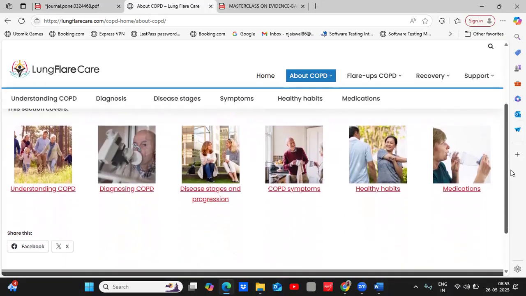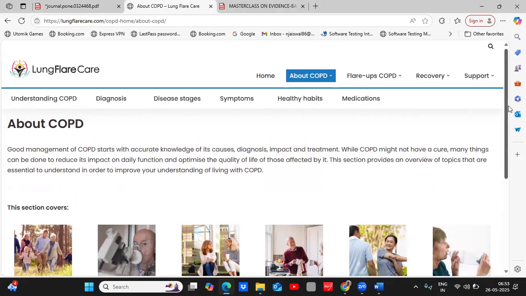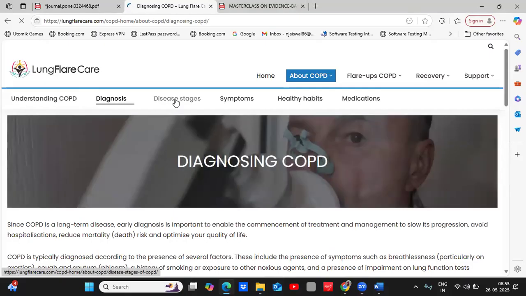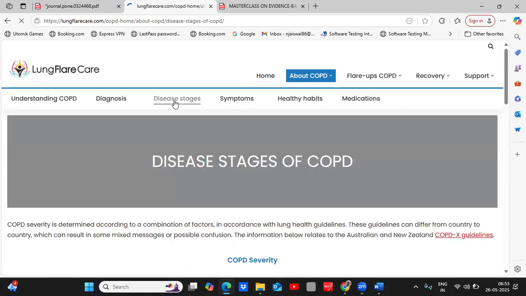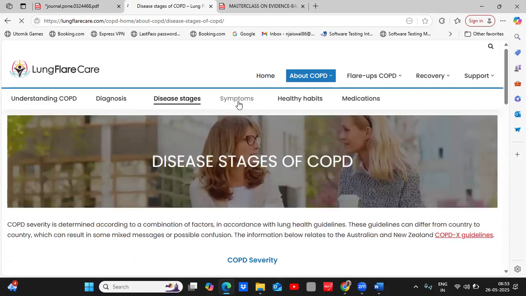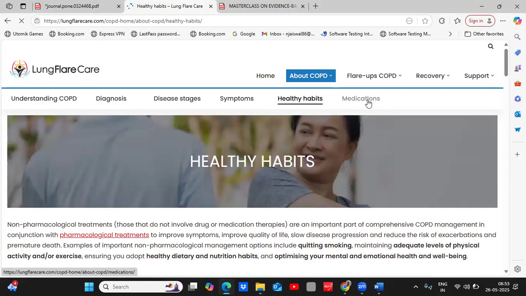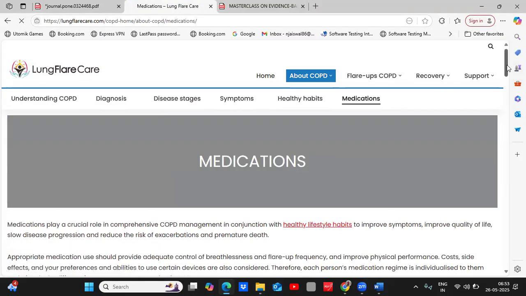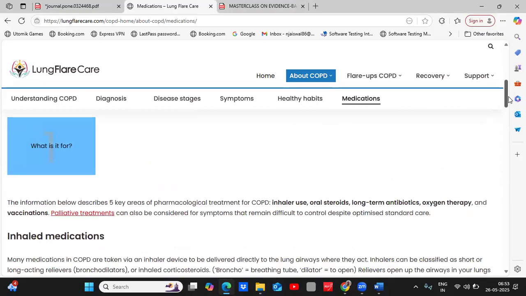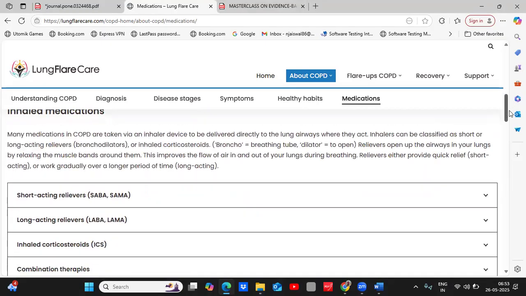The patient can go anytime and access information about any number of things like diagnosis of COPD, what are the stages of COPD, what are the symptoms, what healthy habits the patient should follow, what are the medications. So all these are there.